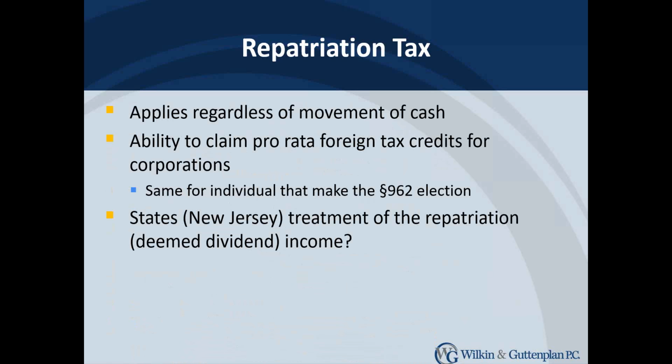Final question that we pose here is, how are these states going to treat this? We've been talking about federal taxes and federal income, but every state, and especially the Northeast states, have different rules as to how they treat Subpart F income and now this new repatriation tax income.